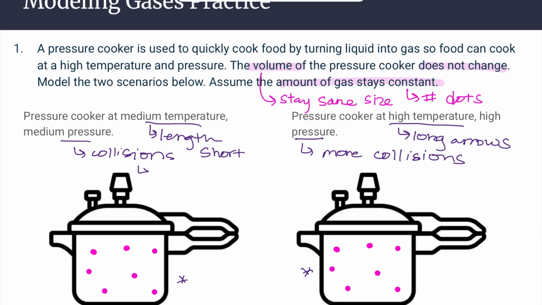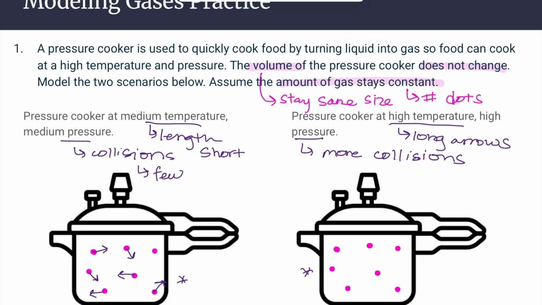And then my collisions, I'm only going to have a few because I know that I need to increase collisions later on. I do want to make it so that the arrows look the same for each of my molecules. And then, there's one collision.